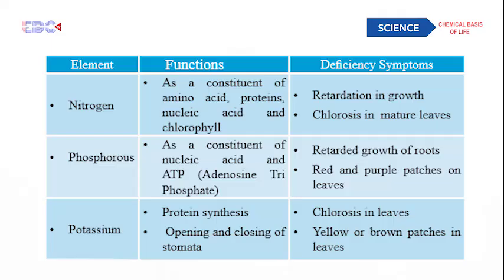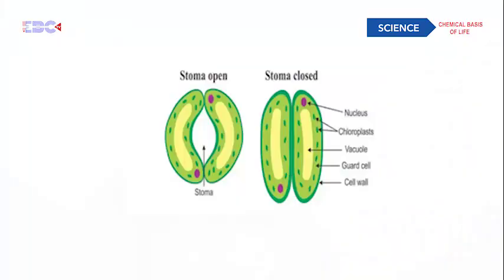Then the third element is potassium. Potassium's major function is protein synthesis. Protein synthesis is a big process. These points will be explained further in coming videos. Then next is opening and closing of stomata.